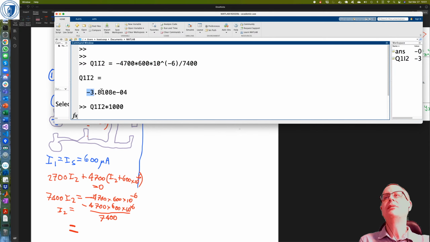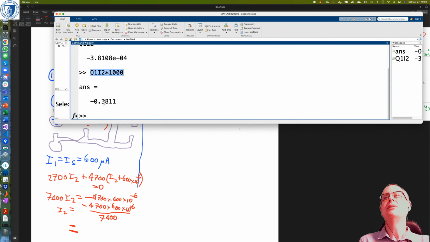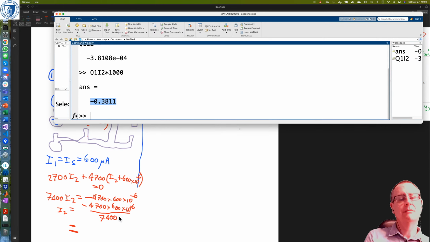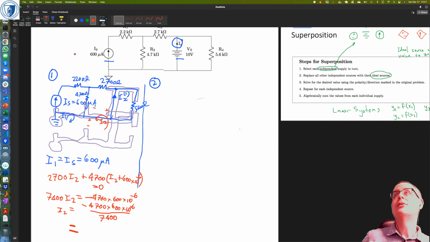So this is in amps, and then I multiplied it by 1000 to get it into milliamps. The other way to say it would be 381.1 microamps. Right? So I'm okay with either. In fact, why don't we just write it down as minus 381.1 microamps.